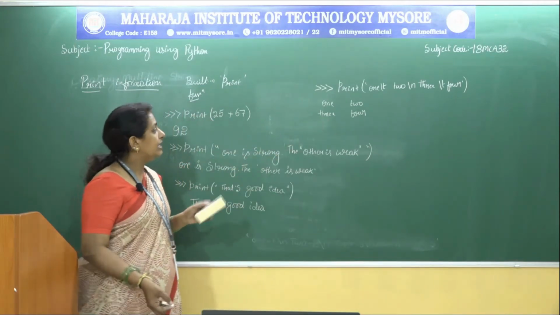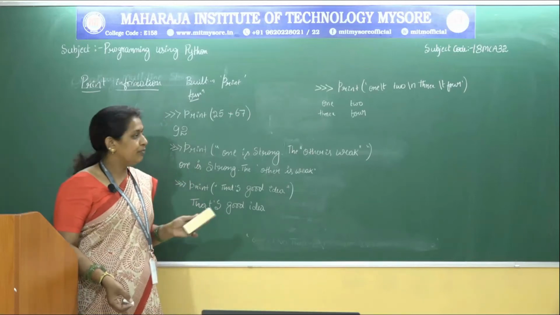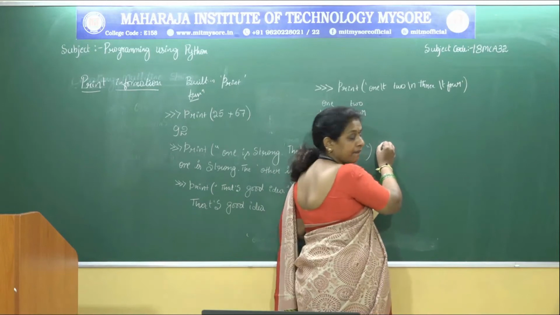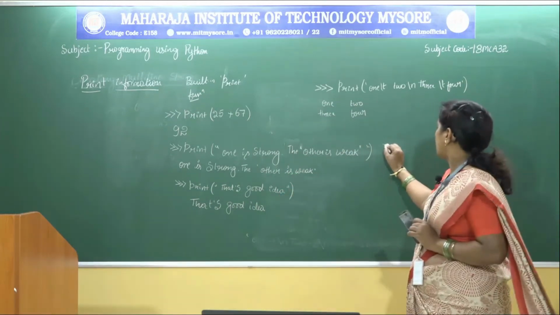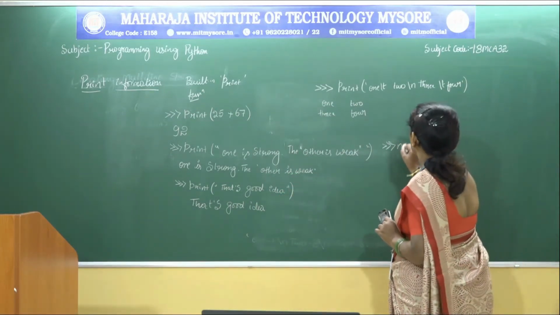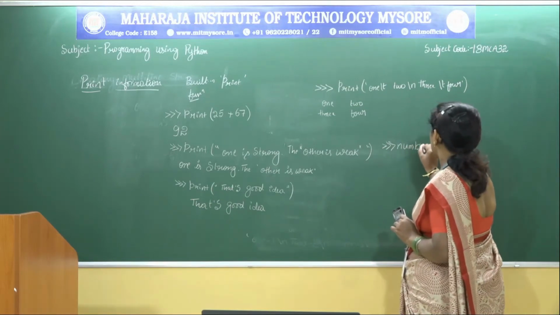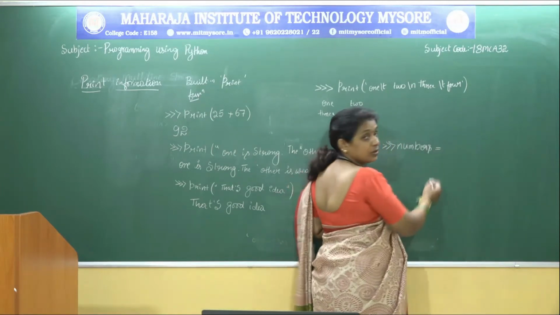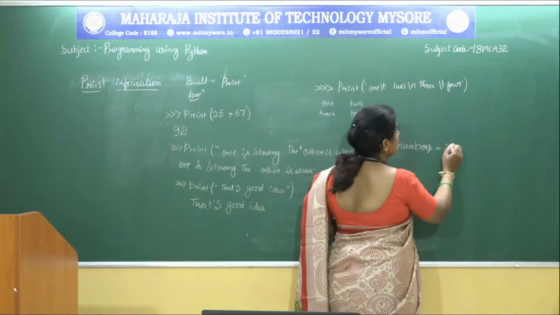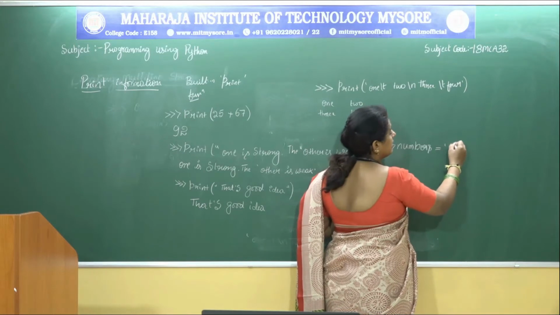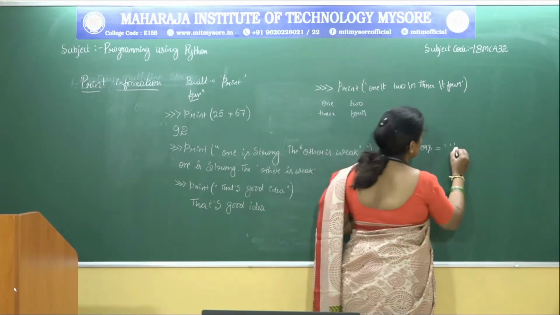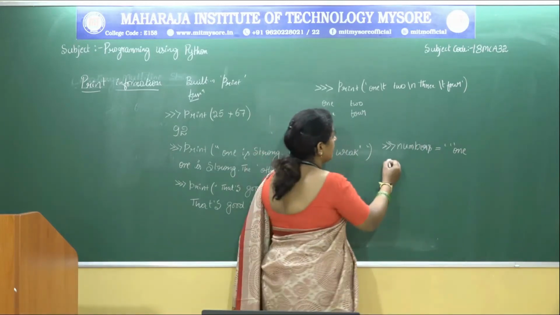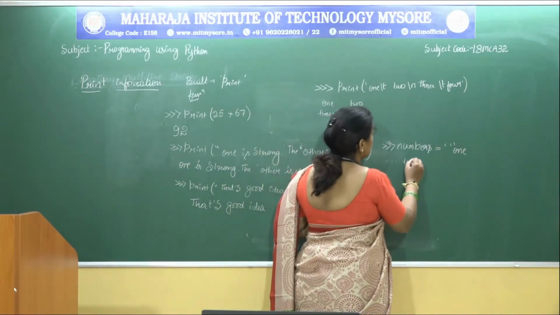Let me consider multi-line strings. Numbers equal to, okay, so I am starting here, multi-line strings. 1, then it will continue with a 2.